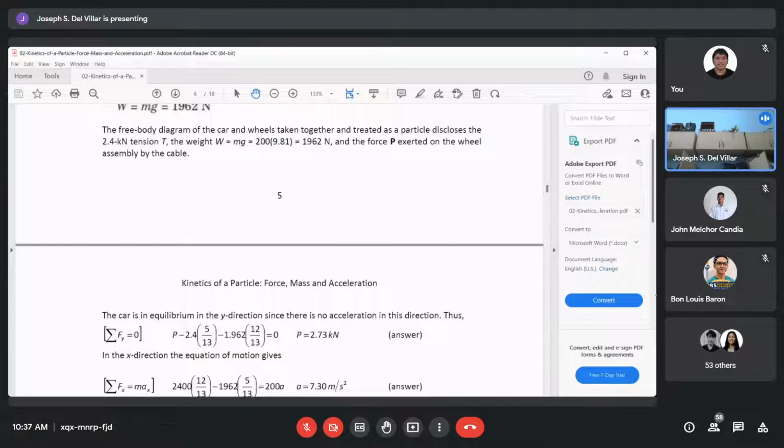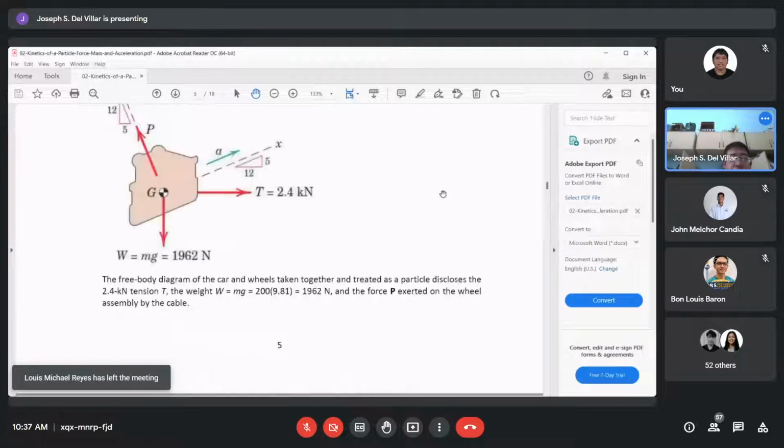So did you get the value of P? Okay. So summation of Fy is 0. Okay. So we took the y components. So we have here this, no? This is the y component of this.